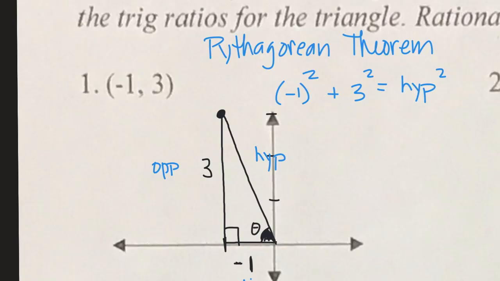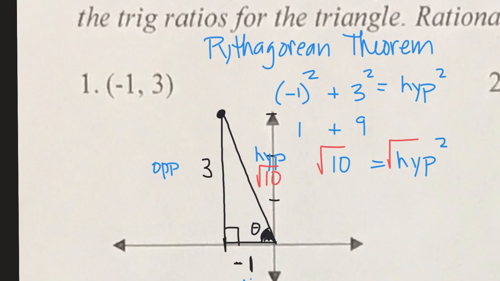When you square something, it always becomes positive. So (-1) squared is +1, plus 3 squared is 9. 1 plus 9 is 10 equals your hypotenuse squared. So our last step is to square root both sides. So my hypotenuse length is the square root of 10.